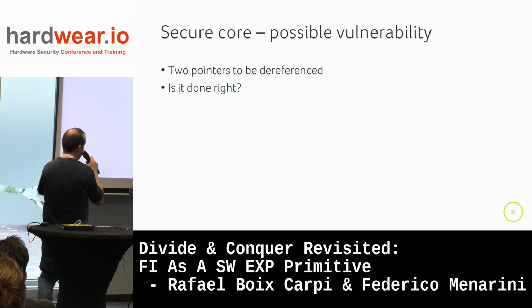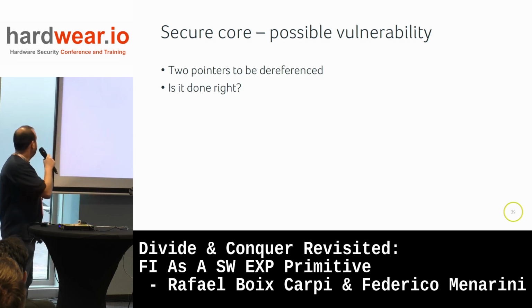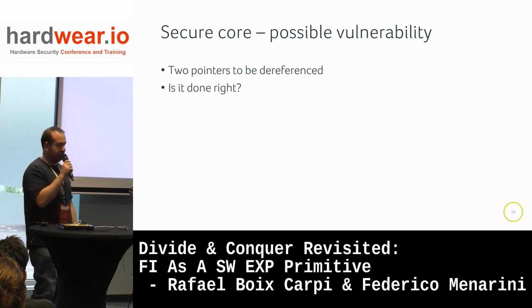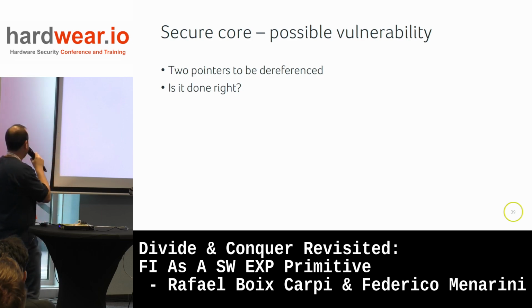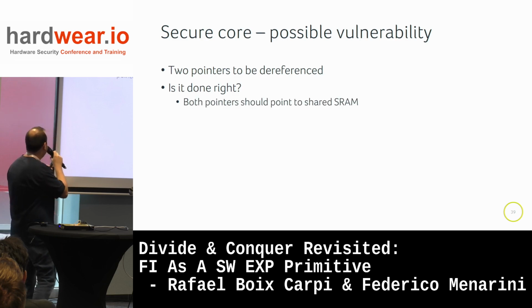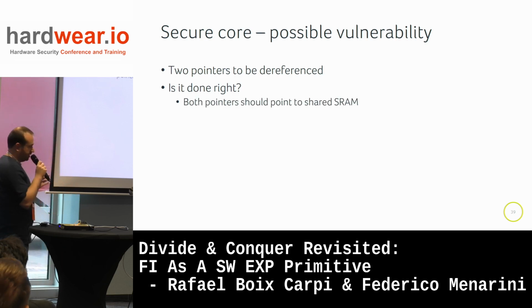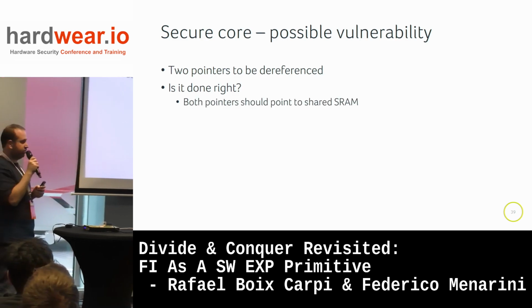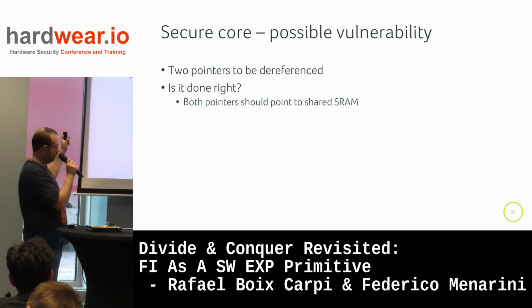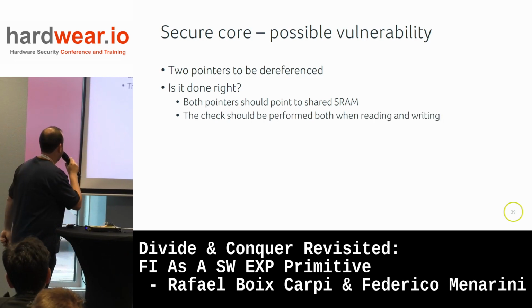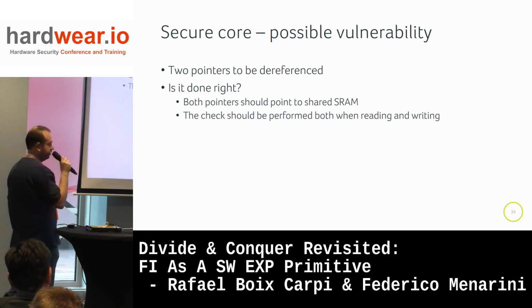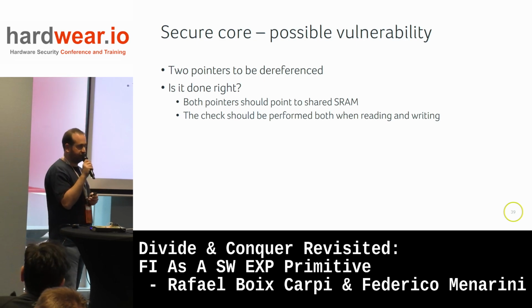So there are two pointers to be dereferenced. Is it done right? Of course, if I ask the question, you probably guess the answer. What should the secure core check? It should check that both buffers are fully within the shared SRAM, and it should check this both when reading from the buffers and when writing back its answer.